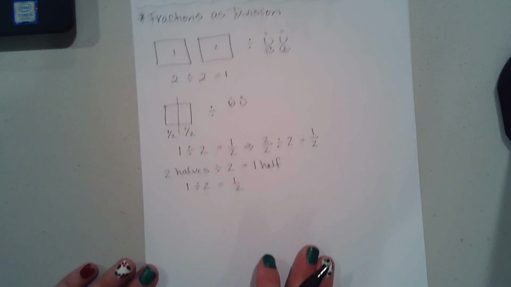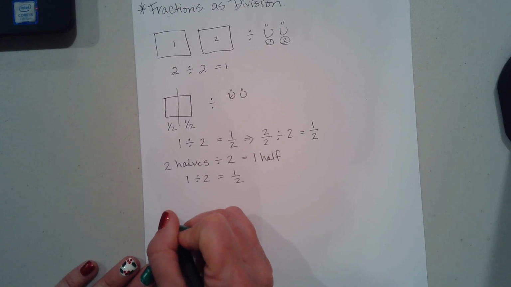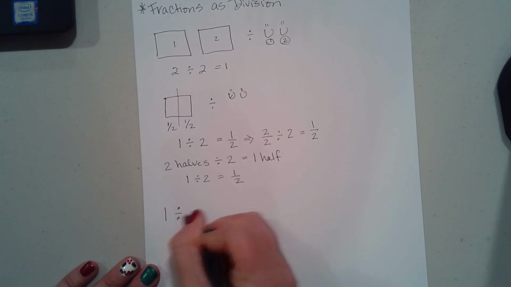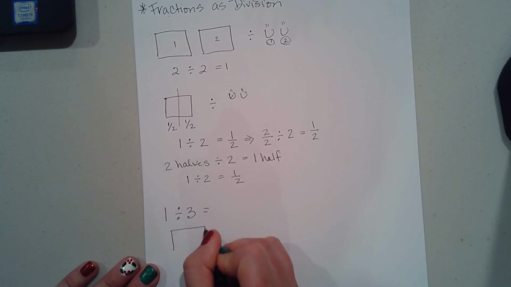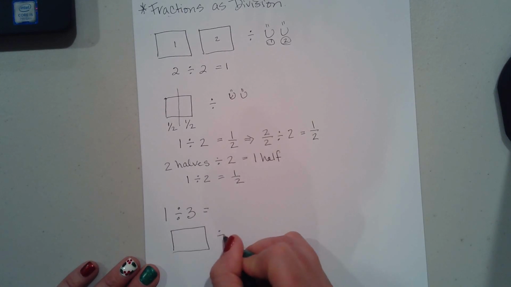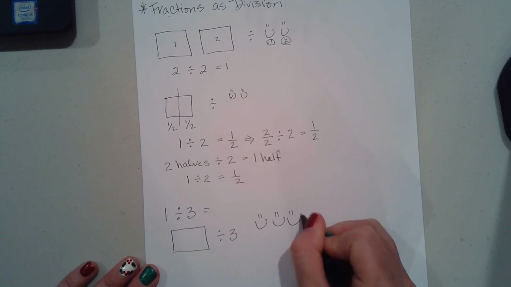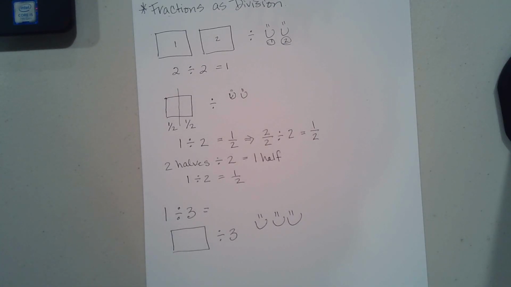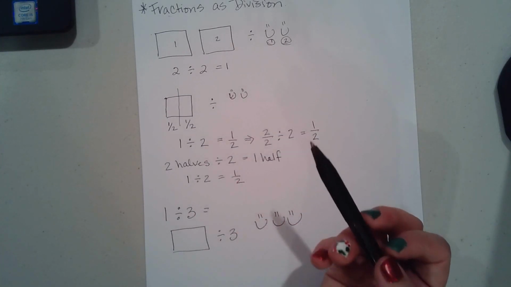So now let's try it with another set of numbers. What is 1 divided by 3? If I have 1 and I want to divide it by 3, how am I going to start this problem? I have 1 whole, and in the problem above I divided it into 2 parts.